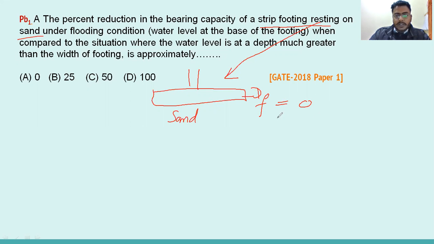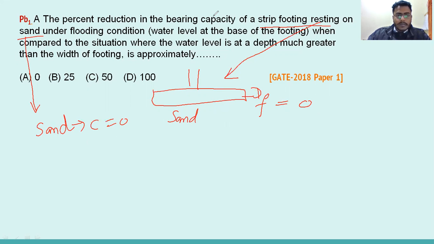The other information is sand. For sand, we know c is equal to 0; there is no cohesion for sand. So these are two important pieces of information we are getting.